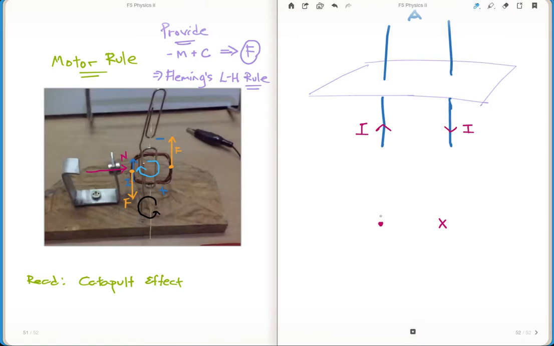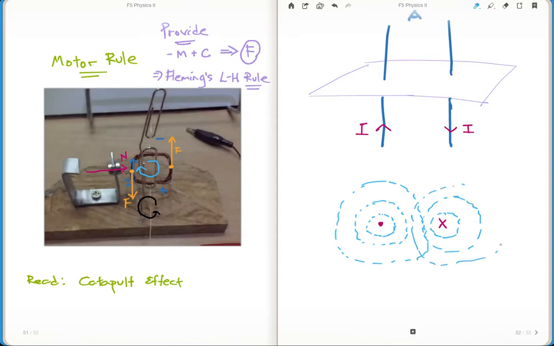What happened? You have a magnetic field. How do you determine the direction of the magnetic field? It's by the right-hand grip rule, right? So if you were to have a compass and put it near here, you get downwards, right?